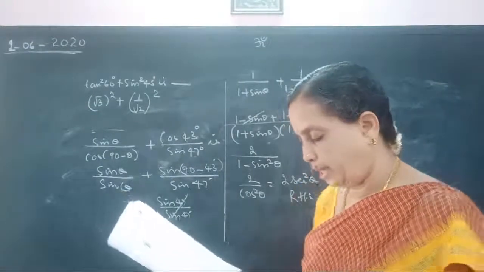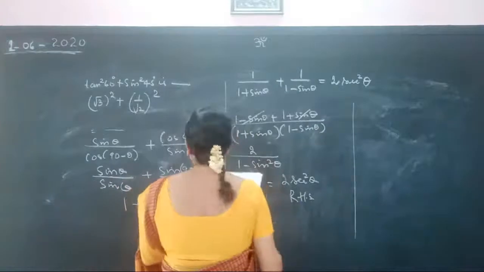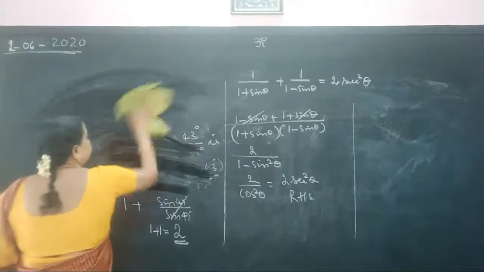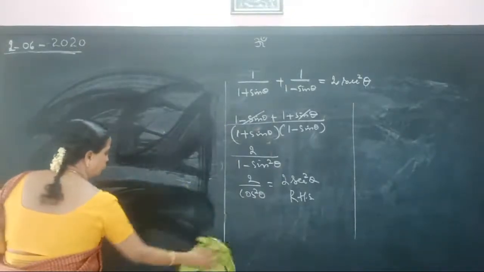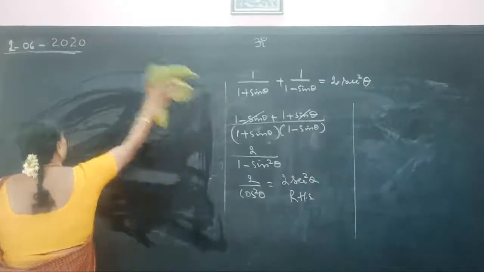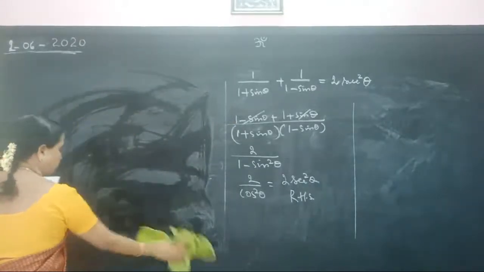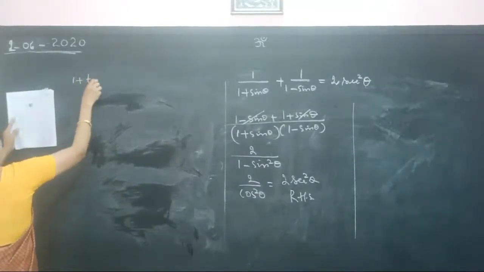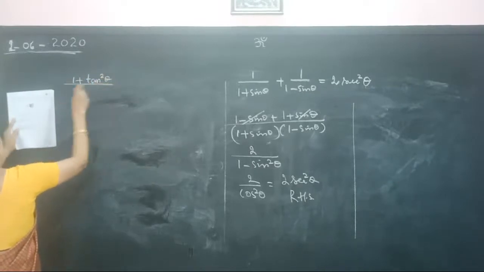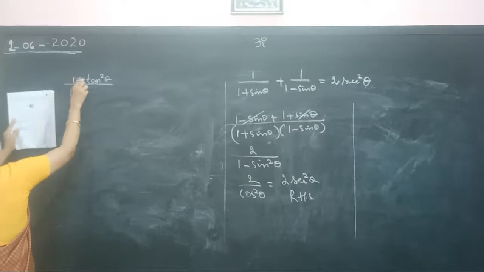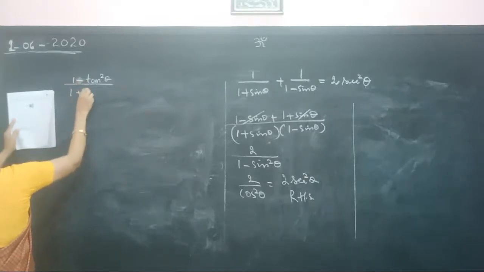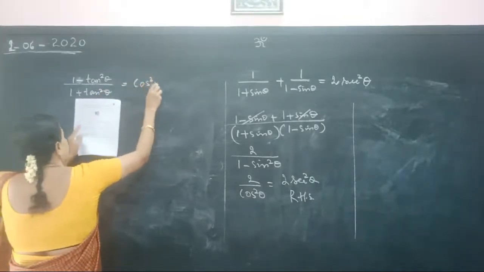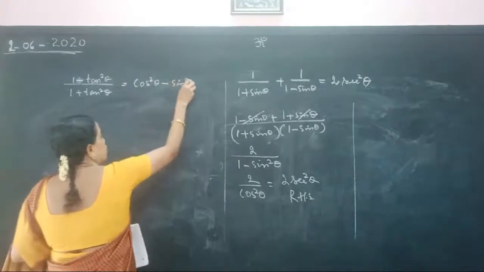Next, prove that 1 minus tan square theta by 1 plus tan square theta equals cos square theta minus sin square theta.